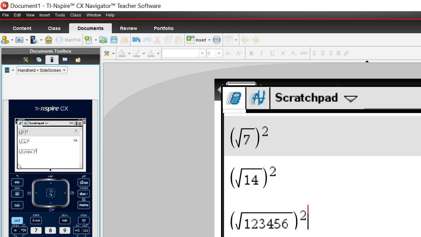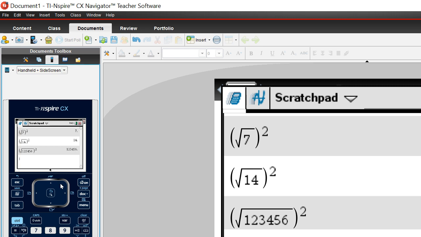Now, if I square that, what do you think the answer would be? 1, 2, 3, 4, 5, 6. So what happens when you square a square root? It just erases the square root sign, right? It cancels the square root sign, exactly. So when you square a square root, it just gets rid of that square root symbol.